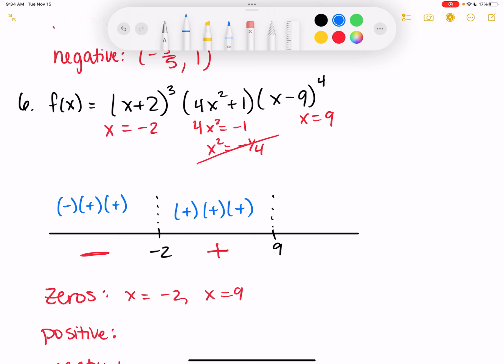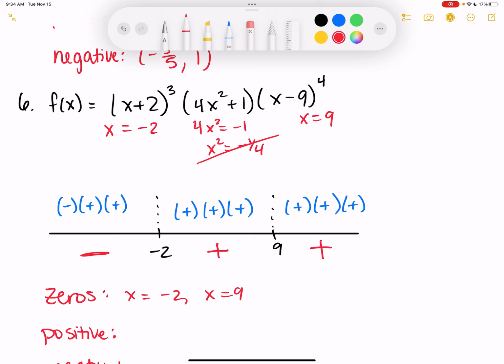And then if you went with 10, everything's positive in the first one, second one, everything's going to be positive, and the last one, everything's positive. So that whole region is positive. So this is one where they don't alternate, okay?